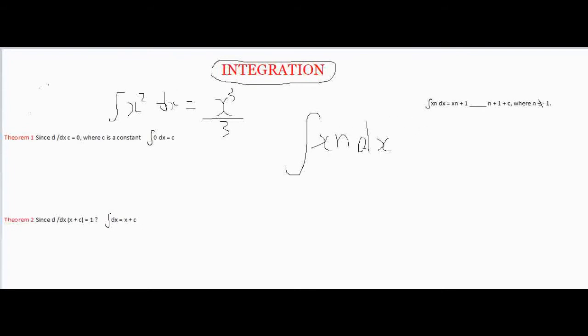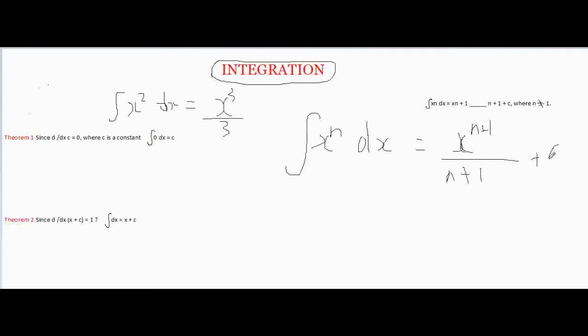Apologies, x to the n. The integral of x to the n dx is equivalent to x to the n plus 1 all over n plus 1. So yeah, as you can see, we did that there. And one thing you must remember is that you must add plus c.